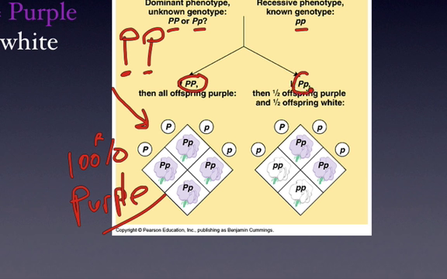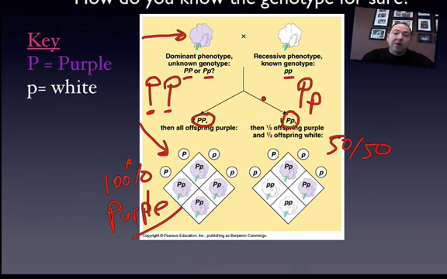Conversely, if the genotype is big P, little p, you'll notice down here that we get a 50-50 split between purple and white. And so we see that reemergence of this recessive phenotype.